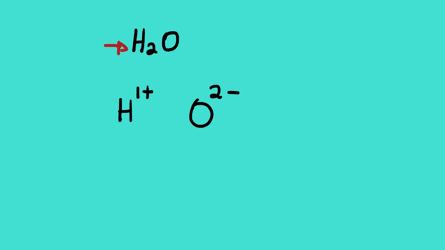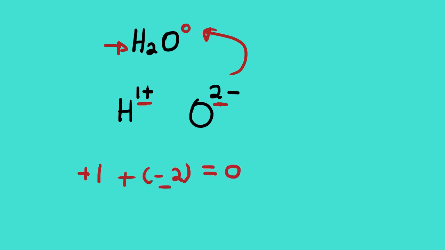This molecule doesn't have any charge, it doesn't have a positive or negative, meaning that we have 0 here. So the sum of the two must result in 0. Now we have positive 1 plus negative 2. The answer should be 0.